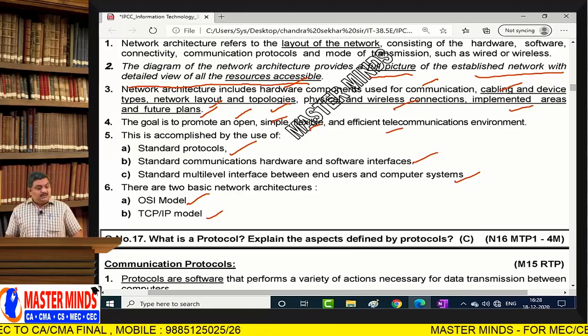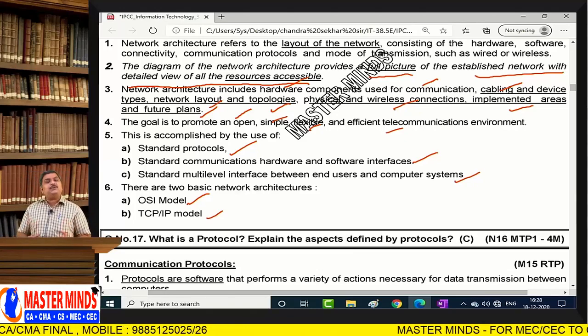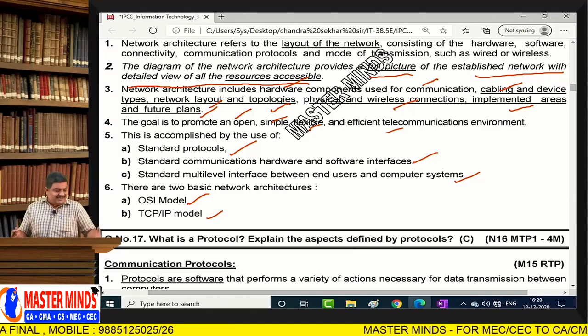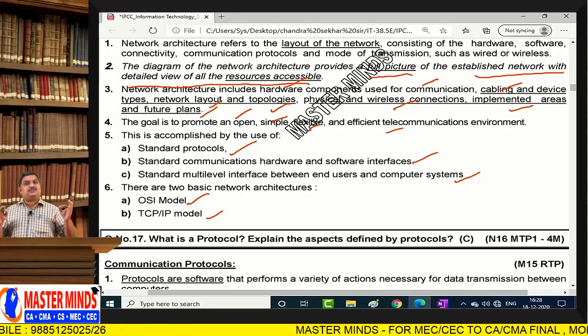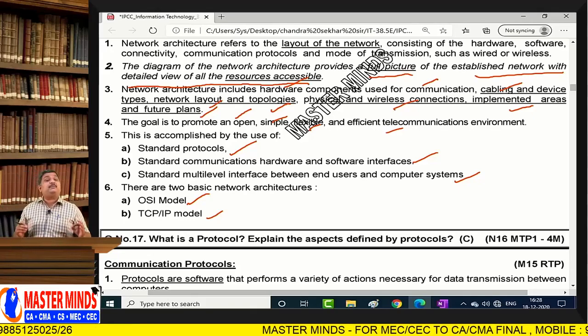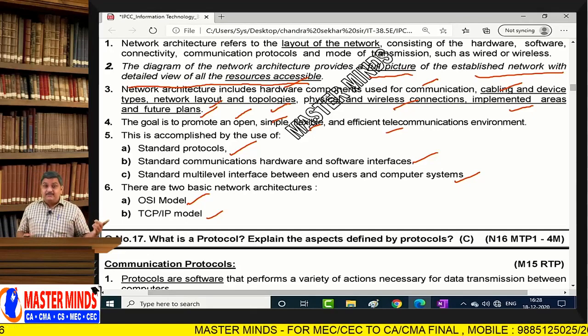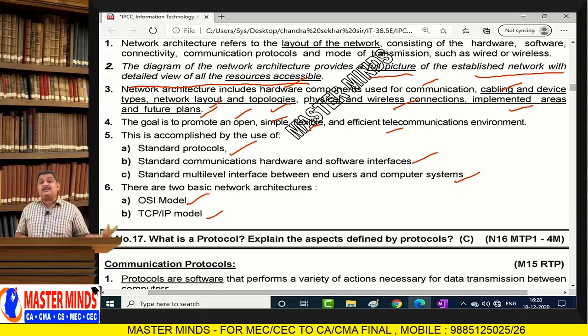That means, if data communication between two devices, a sender and a receiver, happens, we require standard hardware, standard software. Hardware means network hardware. What is network hardware? Already we learnt. Modems, multiplexers, bridges, routers, hub, these all things are required.